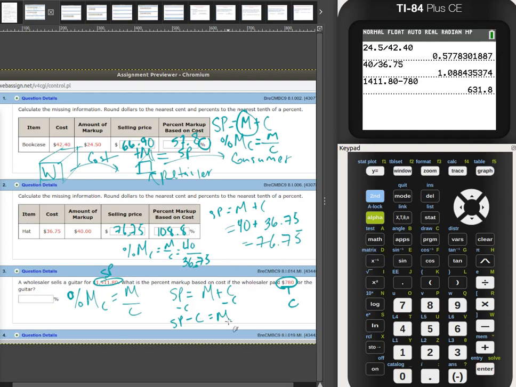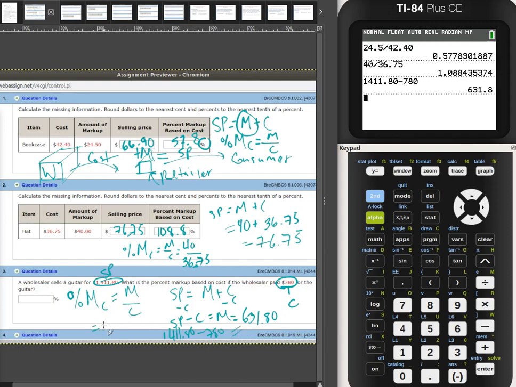So that markup, if you are following along, we subtracted the right ones, $631.80. That's the markup because the sell price was $1,411.80. The cost was the $780, and that gave us this one. So that's what we need to divide.